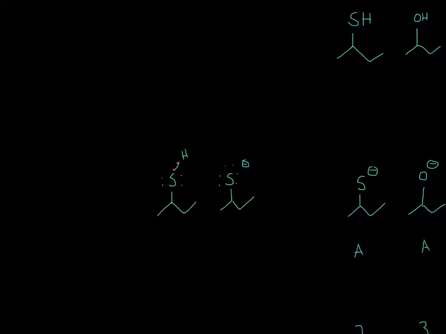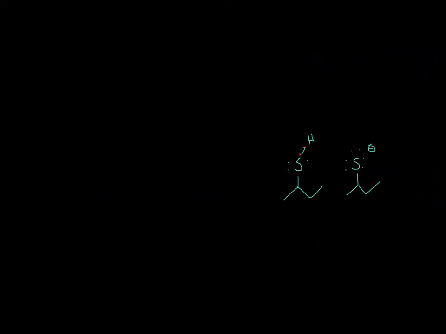So just to show what that means, for example, you have the lone pair right here, and then you have the hydrogen. So just take that proton away. The lone pair will go down onto the sulfur atom, and then it will have a negative charge.